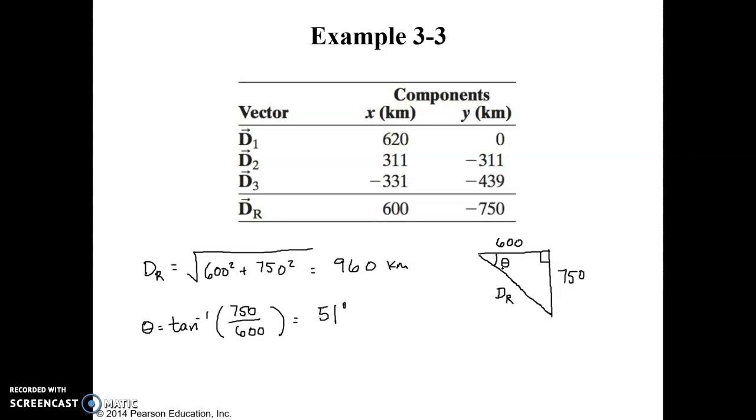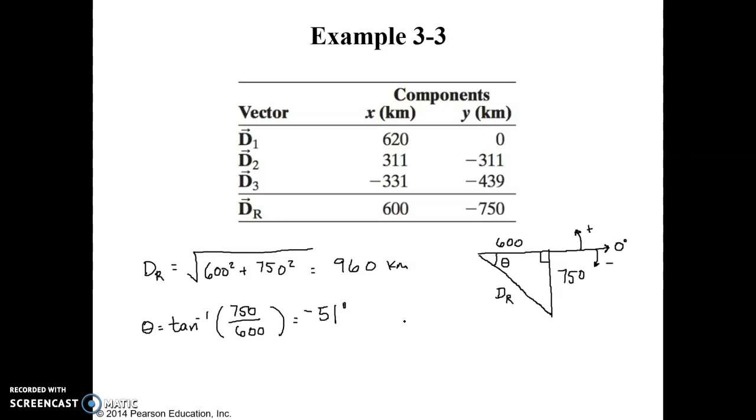And that gives us 51 degrees. Now, since the typical convention is to consider the x-axis as being 0 degrees, and positive angles to be up and negative angles to be down or clockwise, we could call this negative 51 degrees.